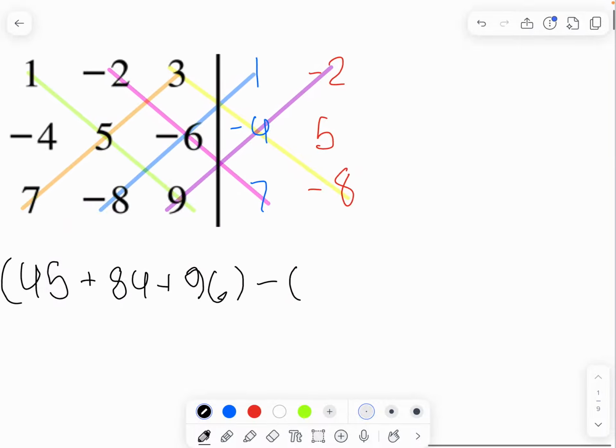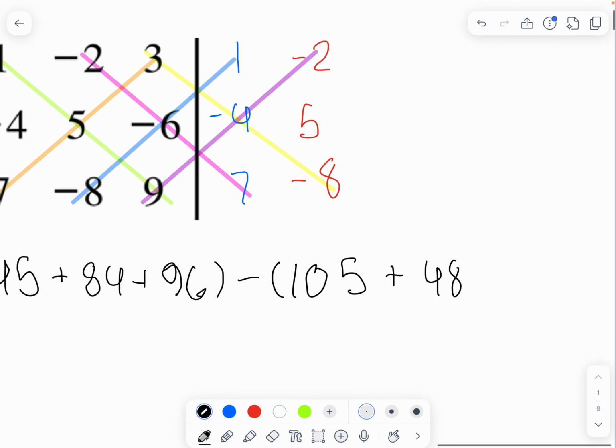Minus 7 times 5 times 3, which is 105. And then -8 times -6 is 48. And then 4 times 2 is 8, and then 8 times 9 is 72.